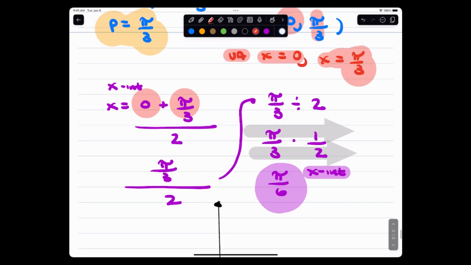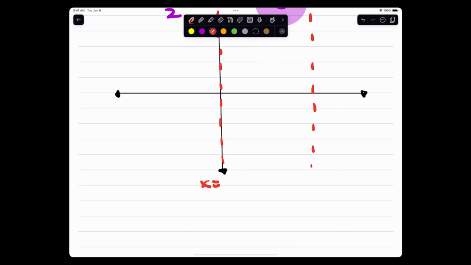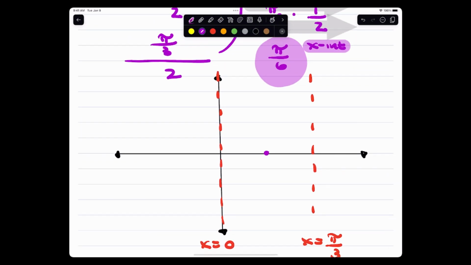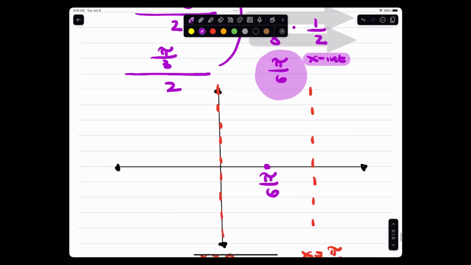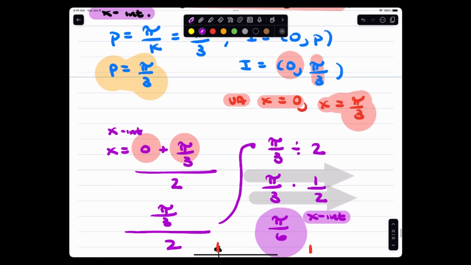Those are vertical lines, so you have vertical line x is 0, x is pi over 3. And then what's midway? Pi over 6. Okay, you guys get that? So far, so good. You get all that important information here. That's why you have it.